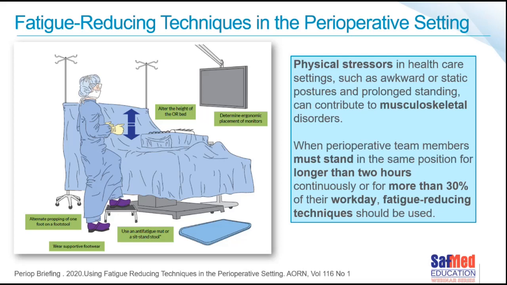And of course, designing the theatre around that is also very important, so that the monitors don't clash. The height of the operating table is going to be very important, that we can adjust that. Also alternating, propping one foot up onto a footstool, and we heard now how to do that in the video, wearing supportive shoes, and maybe thinking about things like anti-fatigue mats.